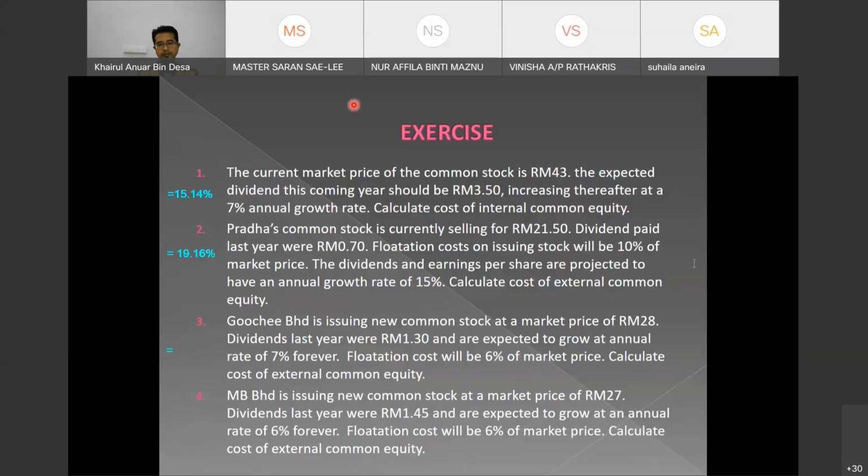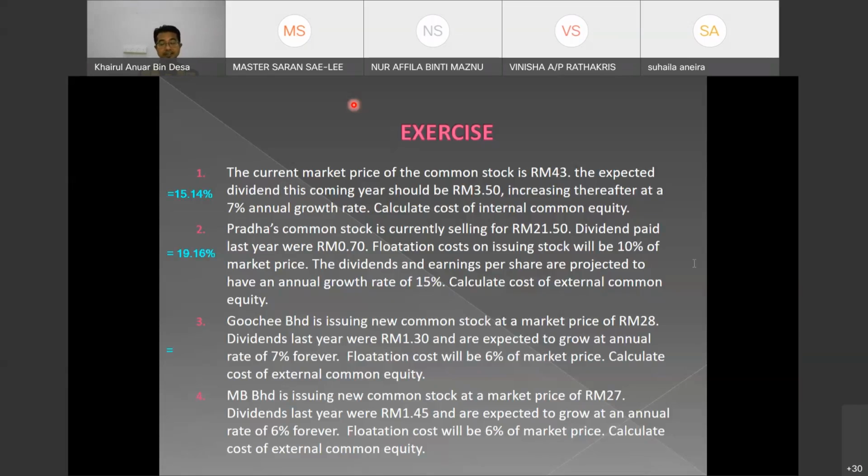Okay, now Siwi's answer is correct for question number 3 and number 4. Students, please beware of the keyword next year dividend, meaning expected dividend.